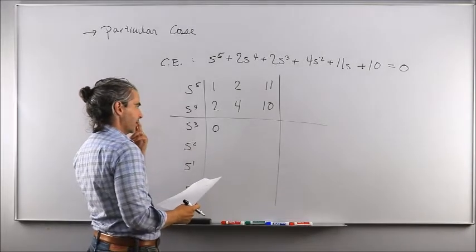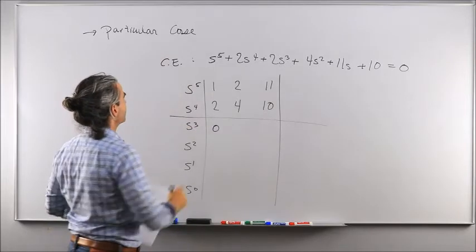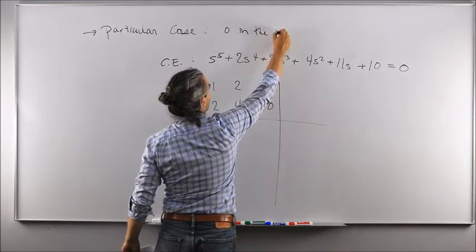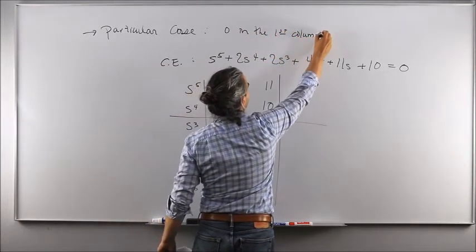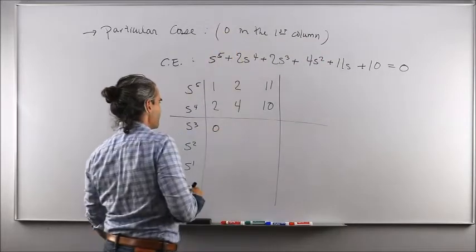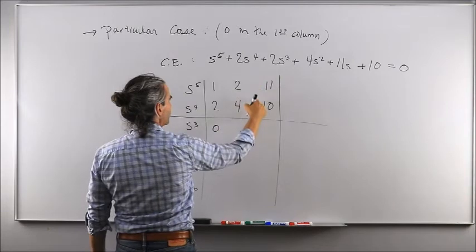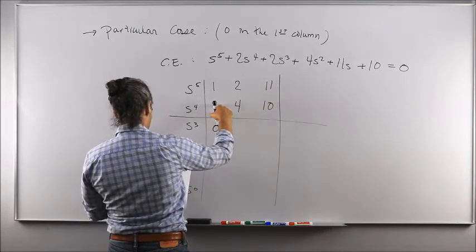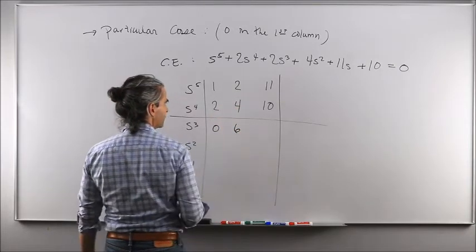Something is not going according to plan here, because that is the particular case, a 0 in the first column, if you remember. Okay? So I can calculate that one: 22 minus 10 divided by 2, yeah, 6.